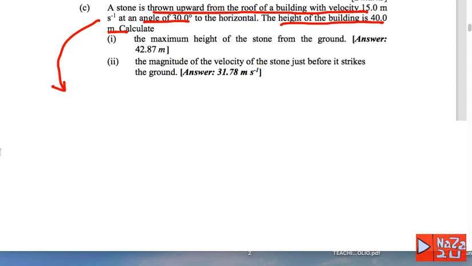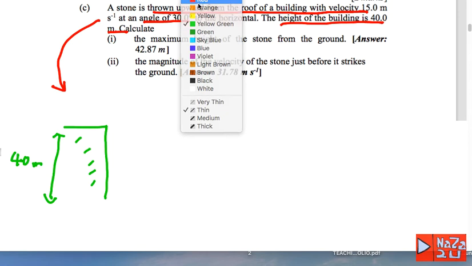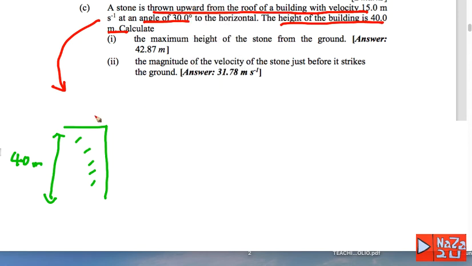Start with the building, the height of the building is 40 meters, right?